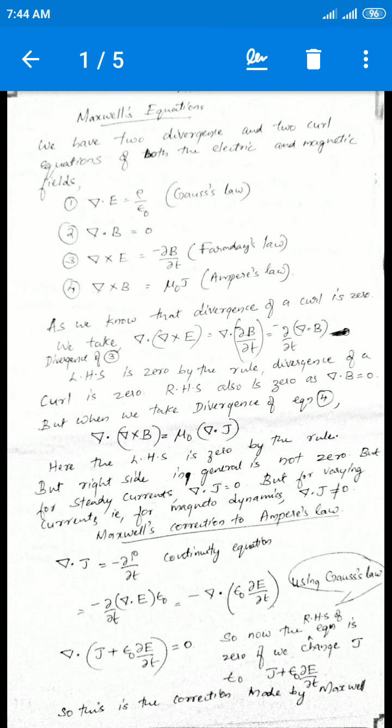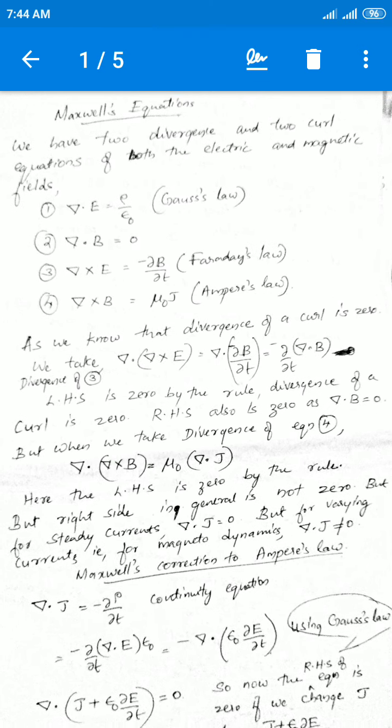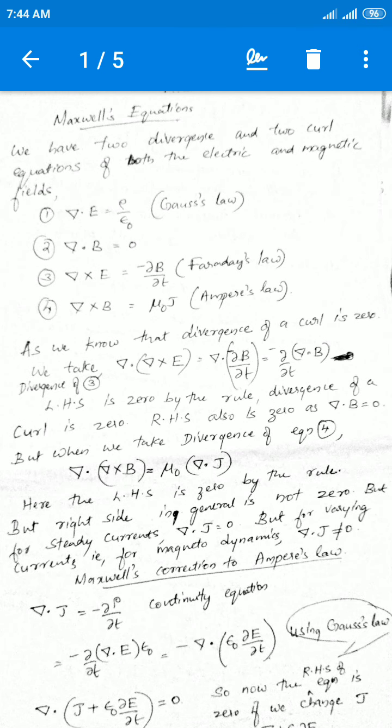Now let us take the divergence of the fourth equation, del dot del cross B. What happens there? The right hand side will be mu 0 into del dot J. We know that the left hand side is already 0, because the divergence of a curl is always 0. That is the rule.